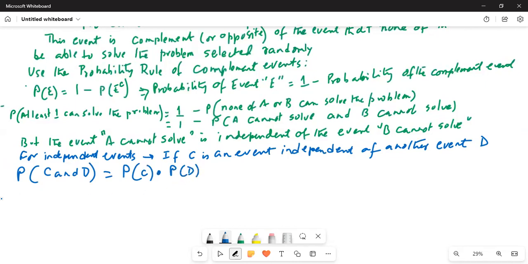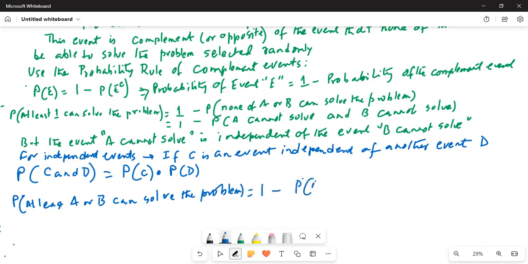So in our case, probability at least A or B can solve the problem is equal to 1 minus probability of A cannot solve the problem, multiplied by probability B cannot solve the problem.